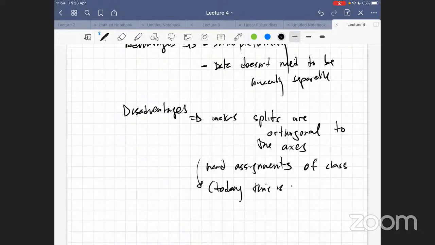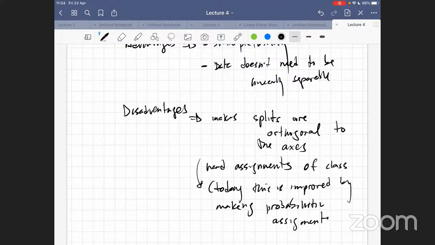This is improved by making probabilistic assignments. In the sense that there is today an implementation of decision trees saying that this split is 80% probable, and this 20%, etc. So you have a softening of these assignments by introducing some notion of probability.